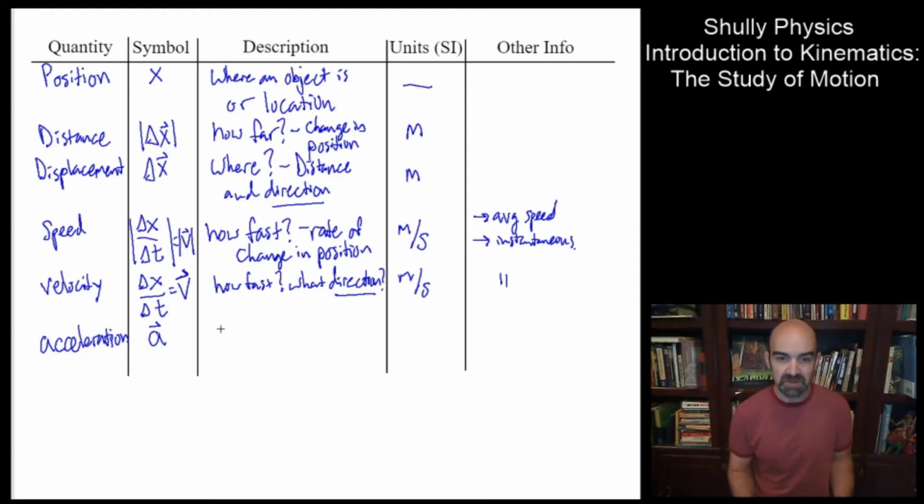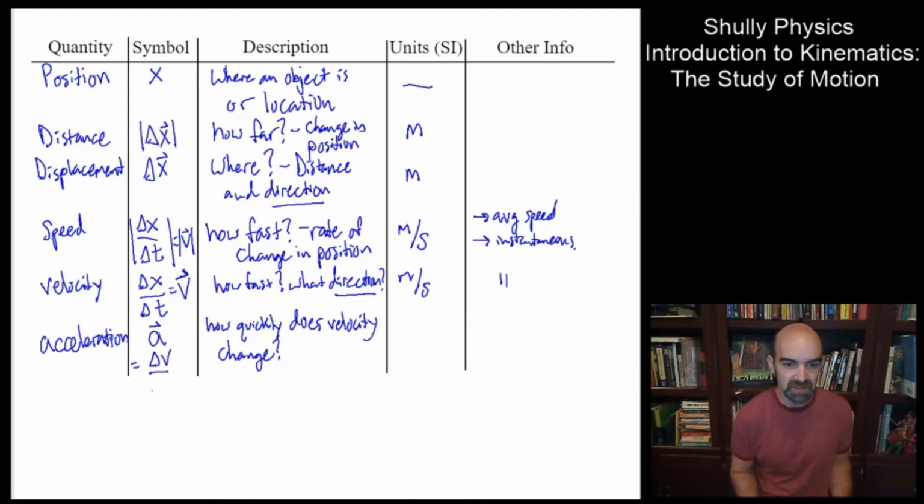So acceleration is a vector. What does it answer? How quickly, at what rate does the velocity change? So acceleration is a rate of change in velocity by its nature.